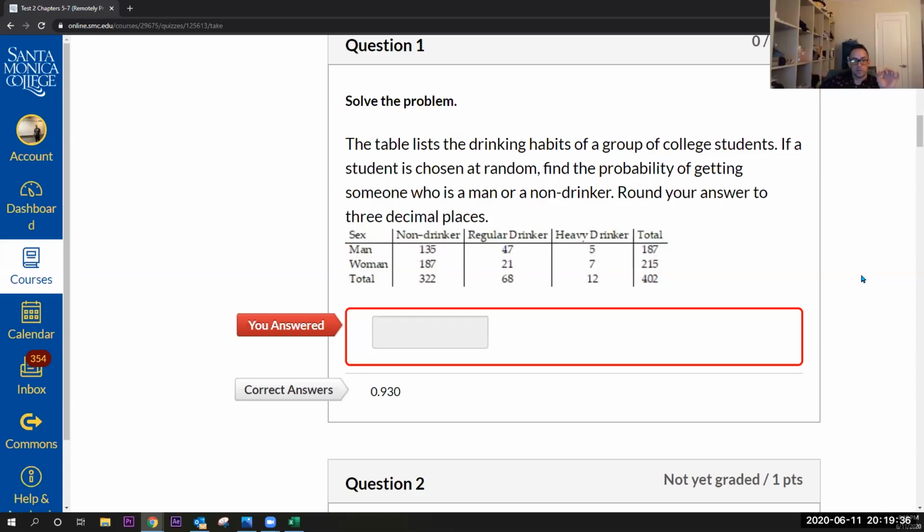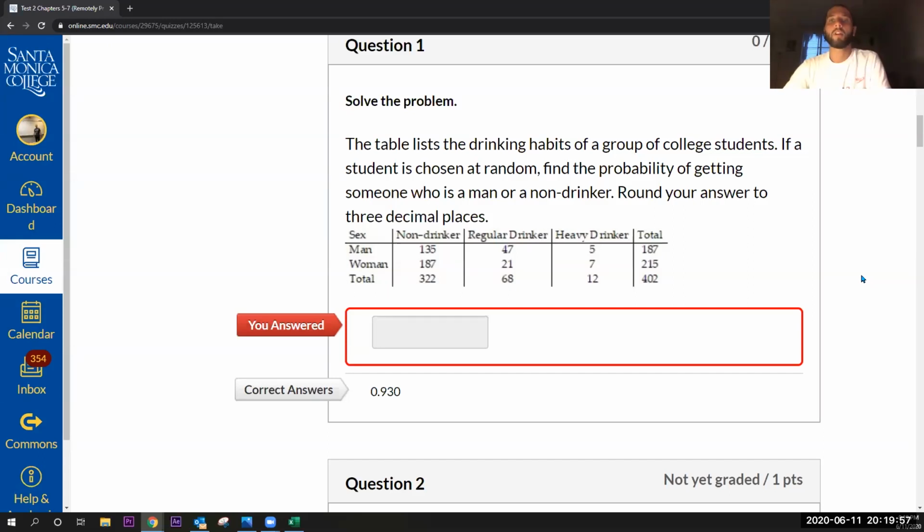So now what do you think? It says male or a non-drinker. So would you do 187?